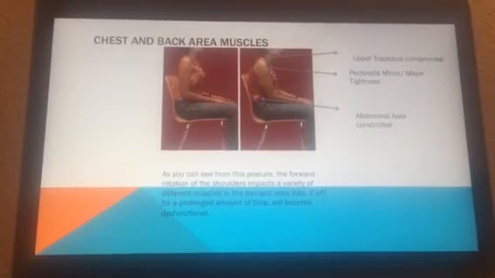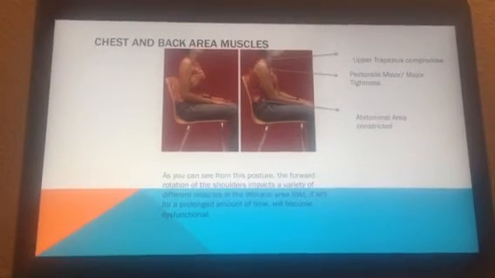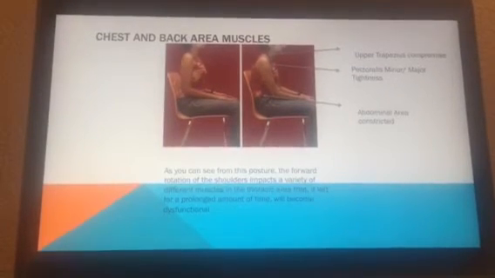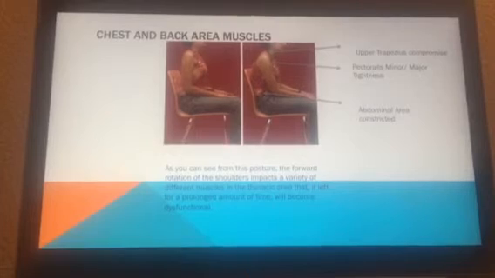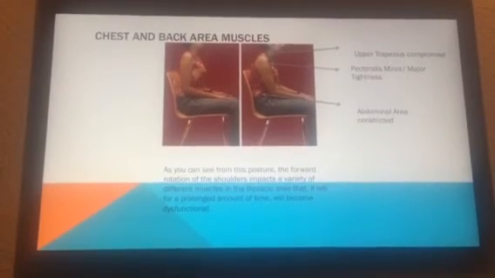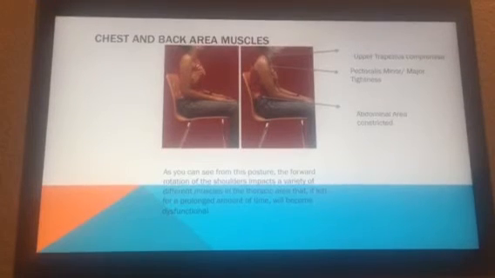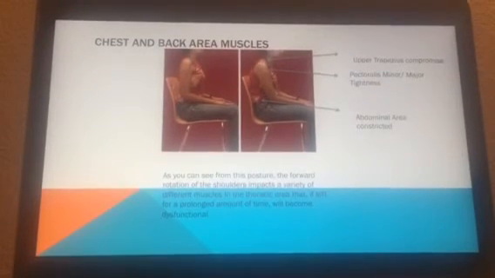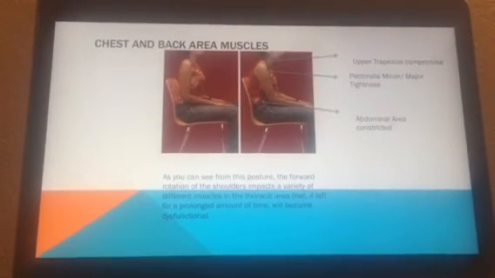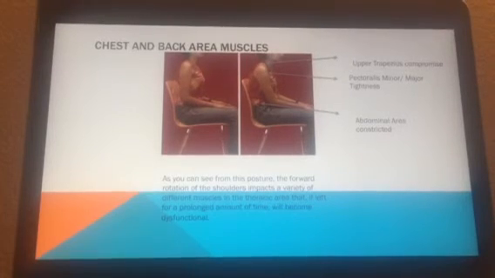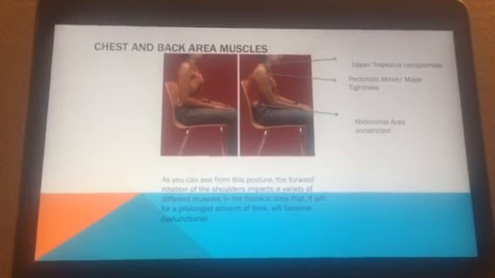The pectoralis minor and major tightness is also causing that rotation over with the chest. And the abdominal area is constricted, and it's also putting pressure on the lumbar and the lower back. As you can see from this picture, a forward rotation of the shoulders impacts a variety of different muscles in the thoracic area. If left for a prolonged amount of time, they will become dysfunctional.